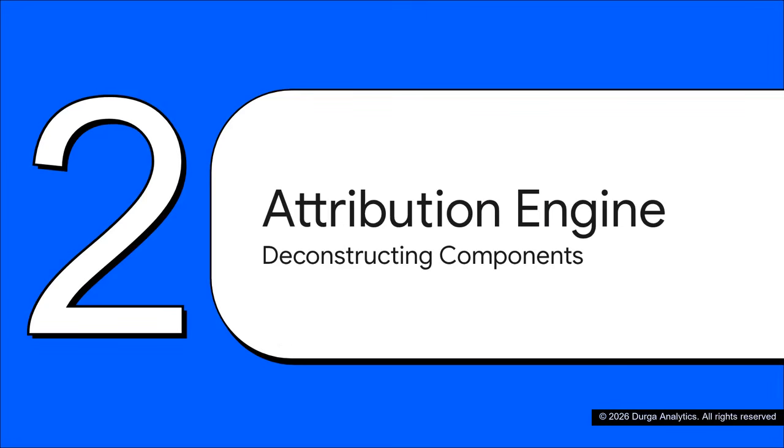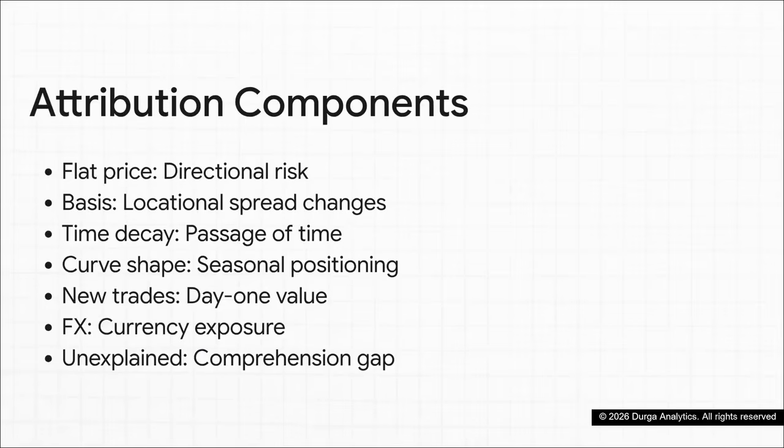To read that data accurately, we need the right toolkit. So, moving into Section 2, let's deconstruct this attribution engine into its core components. Every single daily move in your book gets bucketed here. It's like a forensics X-ray. Flat price tracks your directional exposure to the outright level of gas.